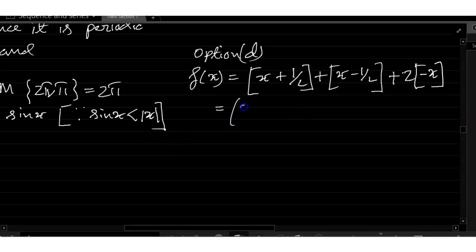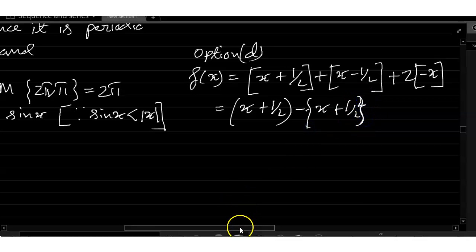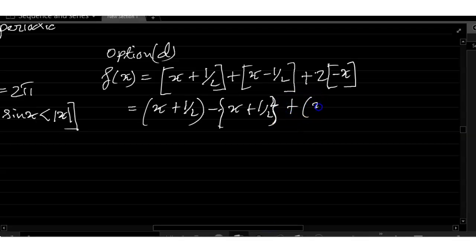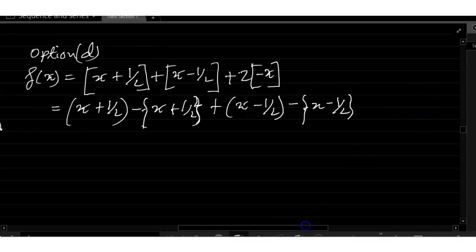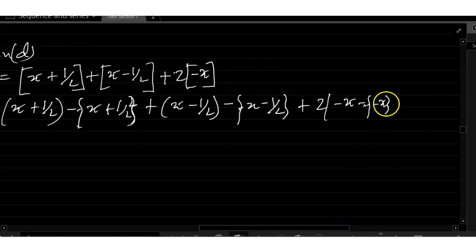So it can be written this way: x plus half minus fractional part of x plus half, plus x minus half minus fractional part of x minus half, minus 2x minus fractional part of minus x.